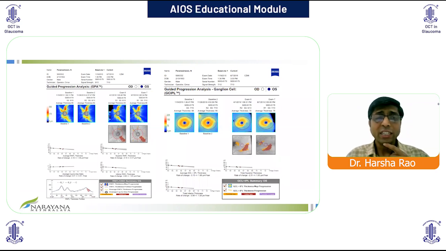And this is how the progression report of this eye is, an obvious thinning happening in the inferior RNFL, an obvious thinning happening in the inferior GCA-PL temporal regions as well. And almost all of the progression analysis algorithms are pointing towards likely progression here.